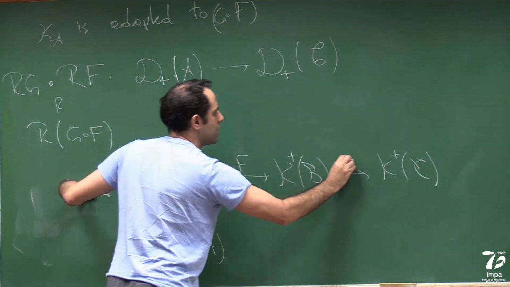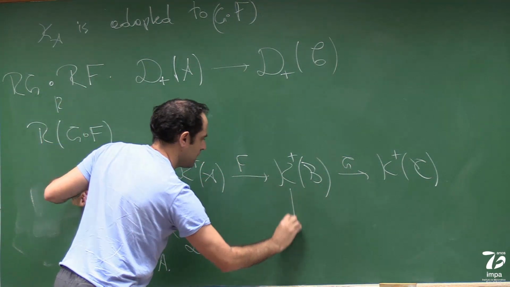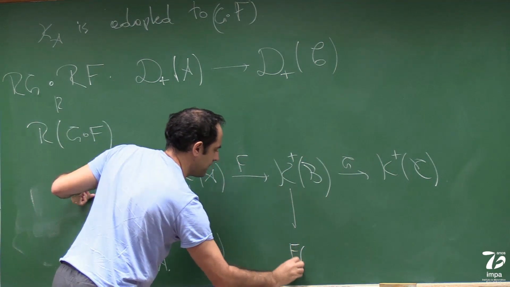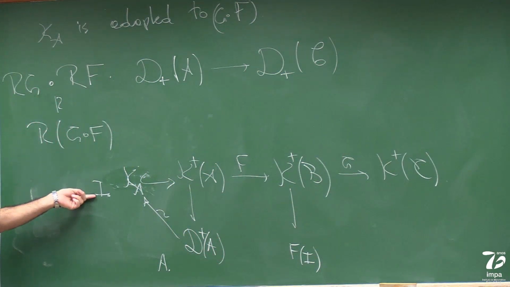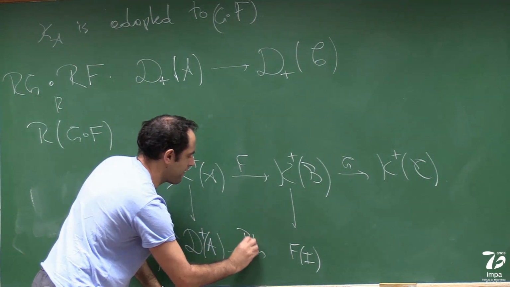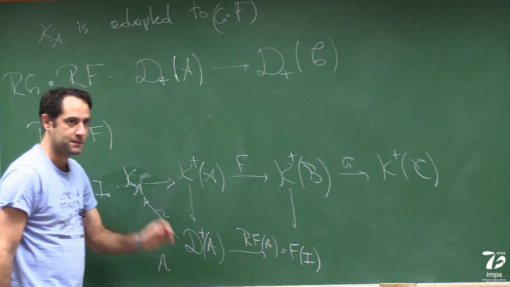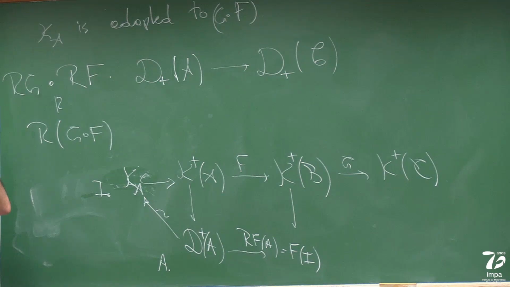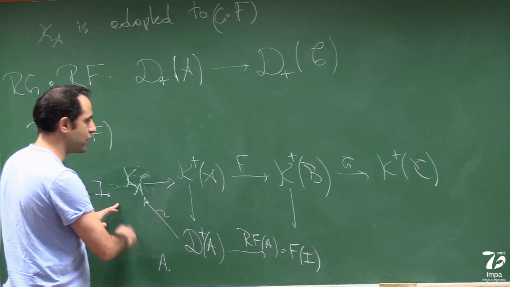Here I have F. Here I have G. If I want to compute the derived functor of F, I will just stop at F, and I will take F of I. And that is the image of this A by the RF of A. Now, let's compute it for the composition.